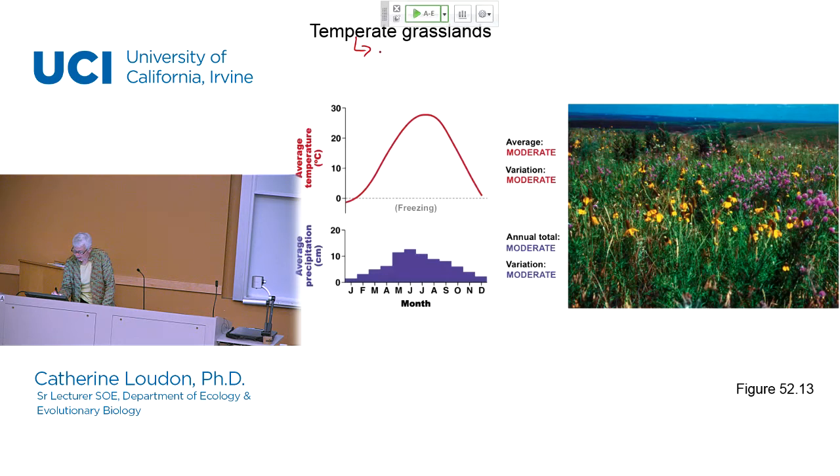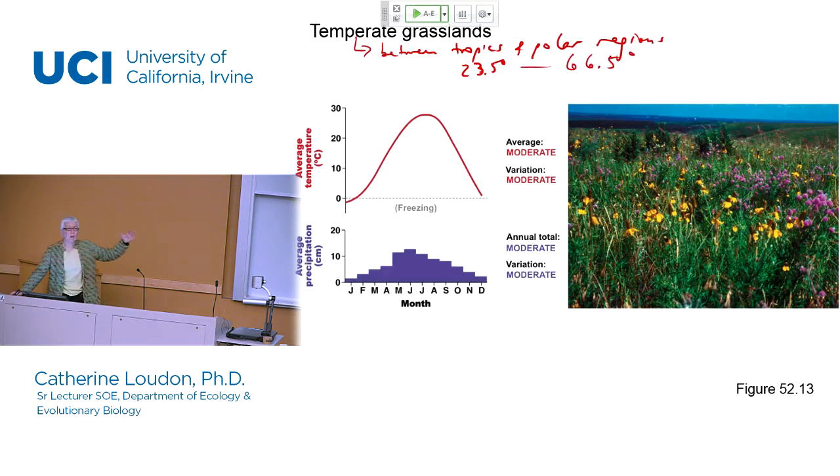Temperate in this context of a biome means between the tropics and the polar regions. And so what does that mean? The tropics are between about 23.5 degrees north and 23.5 degrees south, right? And the polar regions start at about 66.5 degrees or so. So within that range, more or less, is what would be considered temperate.